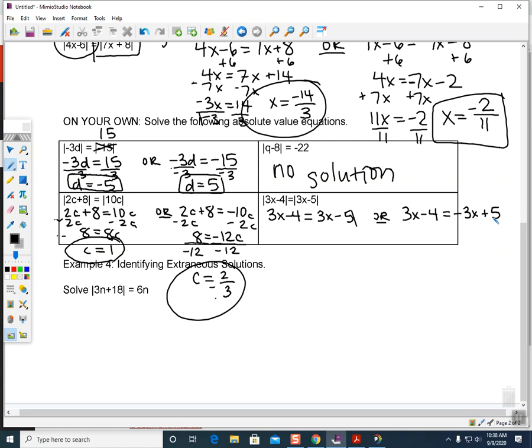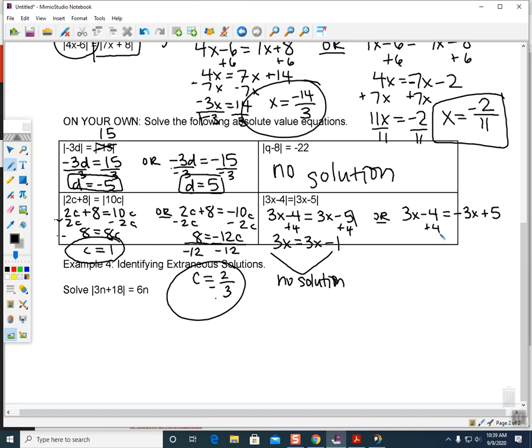So if I look at this first one, I'm going to solve by adding 4 to both sides, right? So I've got 3x equals 3x minus 1. Is there a solution to 3x equals 3x minus 1? No, there is not. This is a no solution. This way does not work. This is an example of an extraneous solution, right? This side does not work.